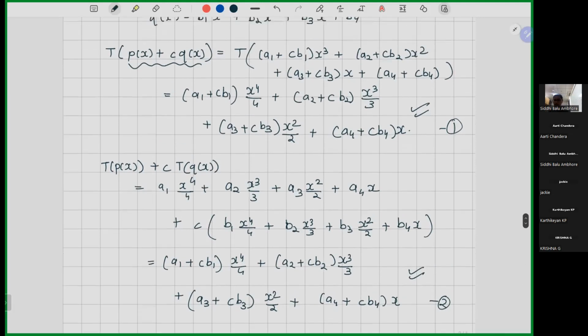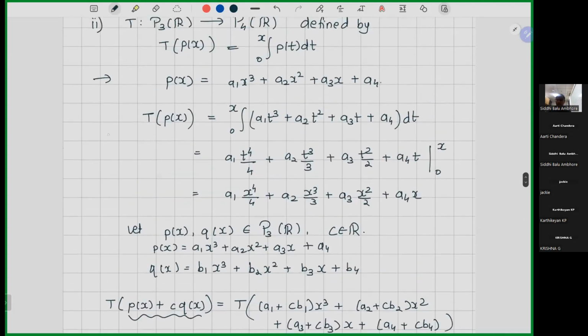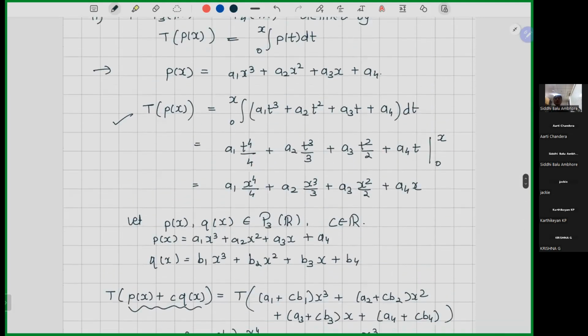Any doubt here? I simplified this to get hold of it, because integrating polynomials every time would be difficult sometimes. So I just saw how this linear transformation looks, and got this expression that T of P of x is this thing.